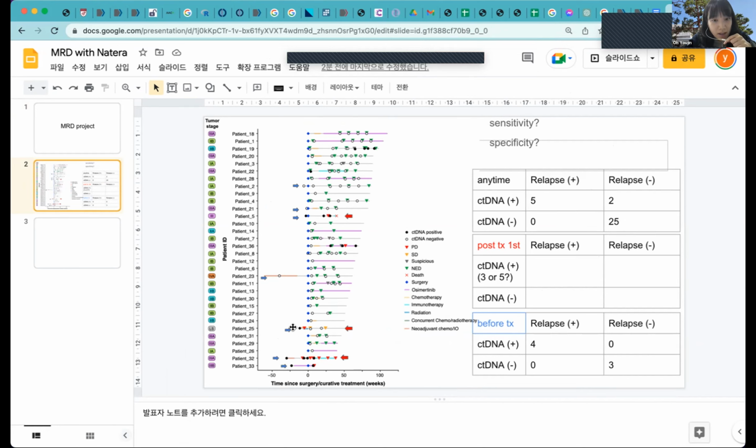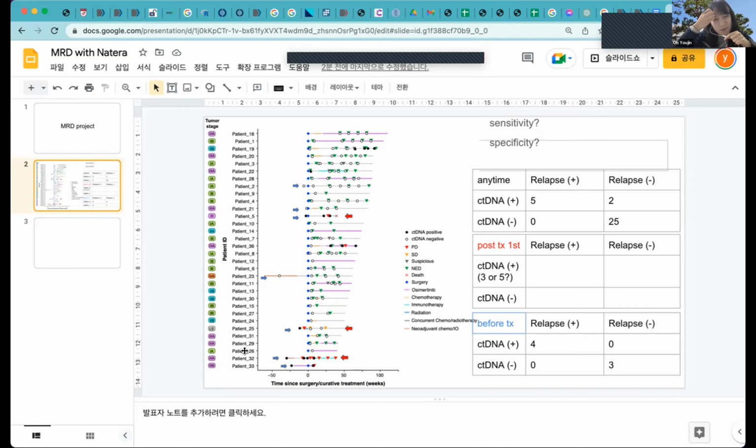Her ctDNA was positive even before starting that neoadjuvant chemo. So I can consider this patient as ctDNA positive before treatment, but not ctDNA positive after treatment, right? Because after finishing radiation, it converted to negative, luckily. Okay.